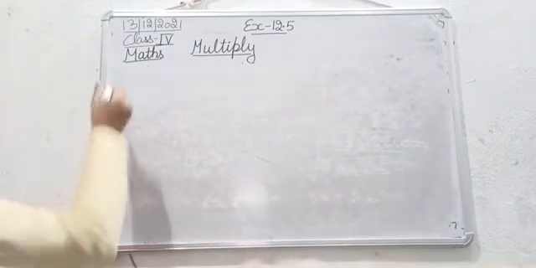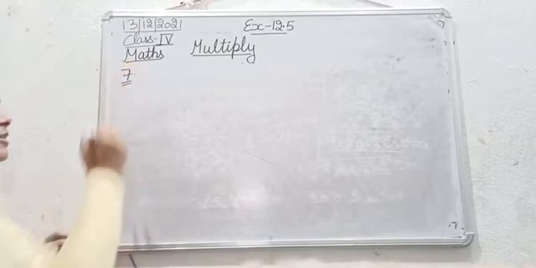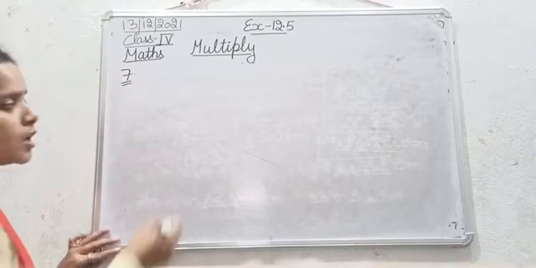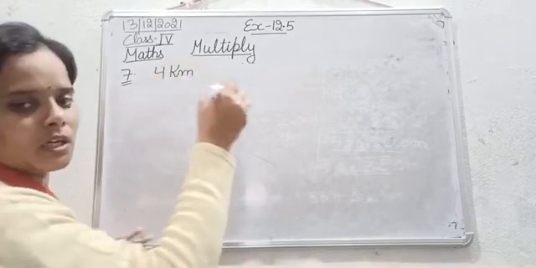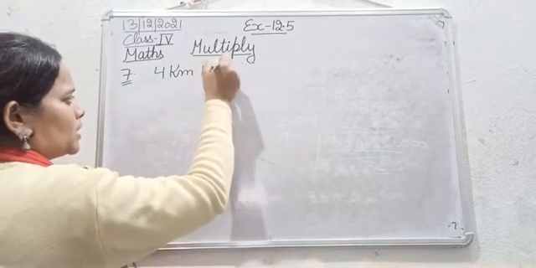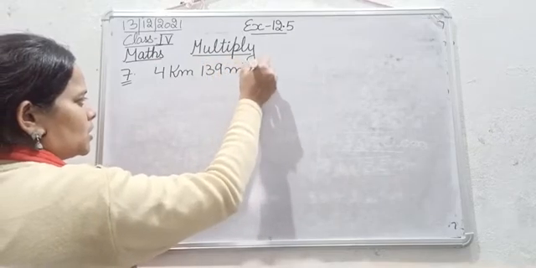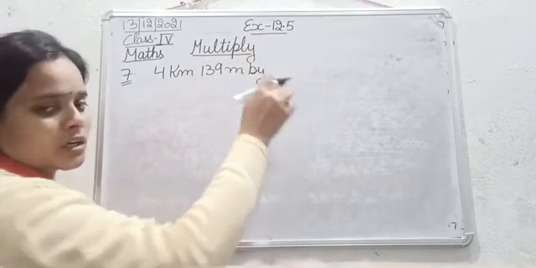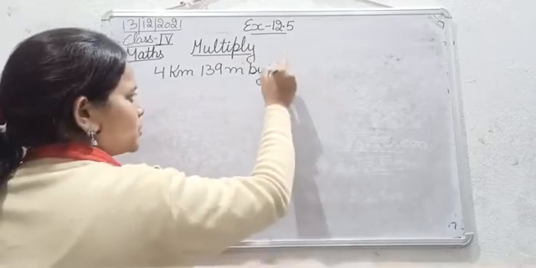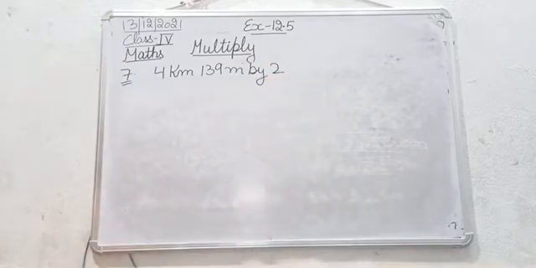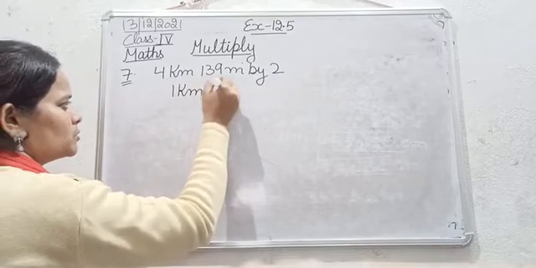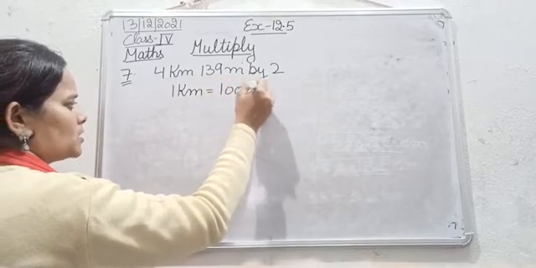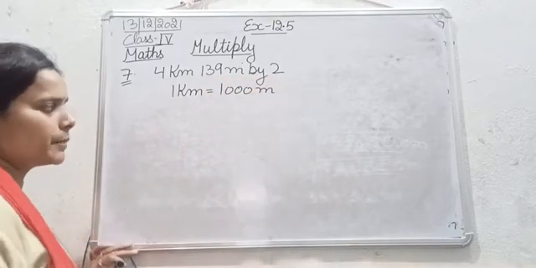Question number 7 is again of multiplication. Multiply 4 kilometer 139 meter by 2. 1 kilometer is equal to 1000 meter.